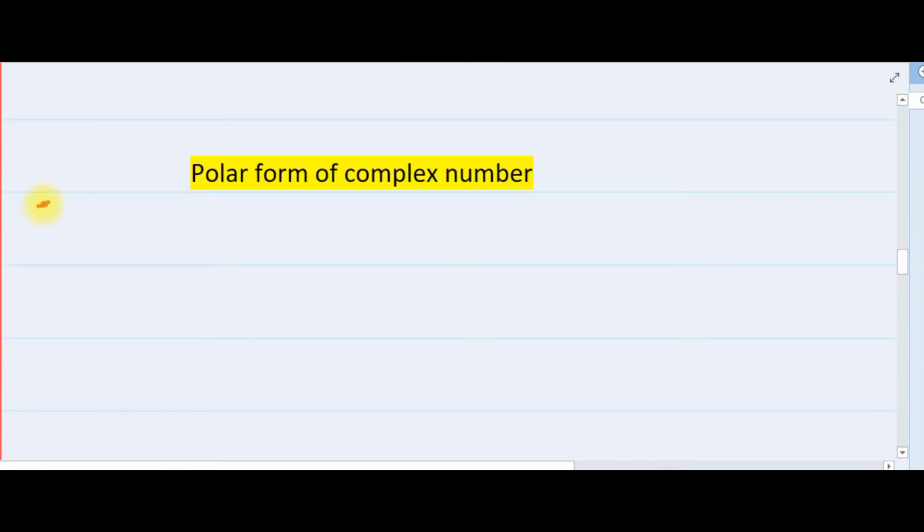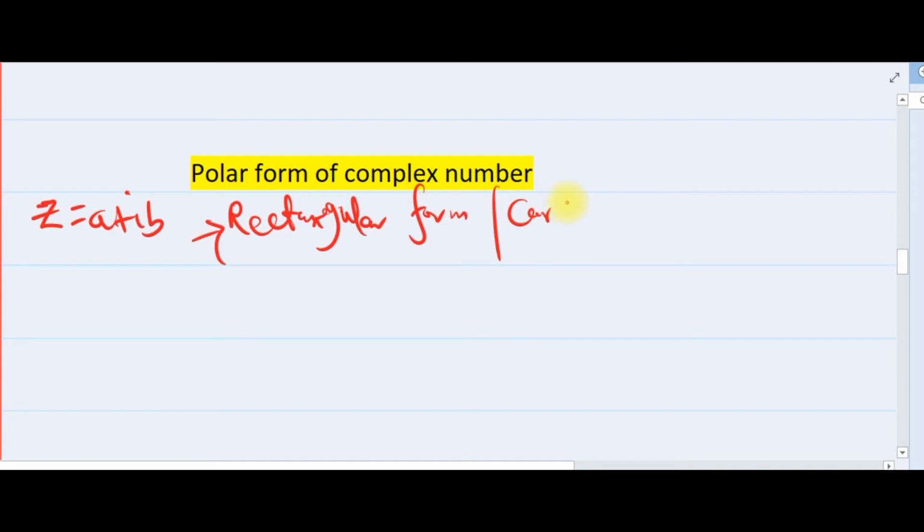So if you see a complex number of this form, a plus ib, this is our rectangular form, or I call it Cartesian form. So that's it. Let's now convert it to trig, which is polar form.